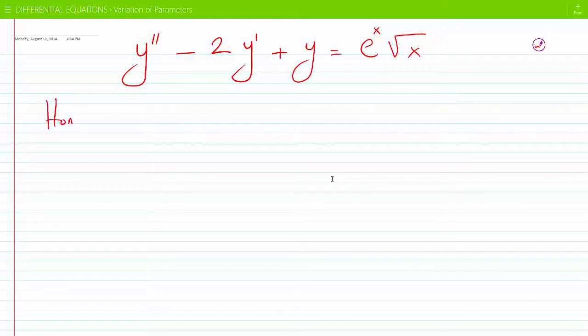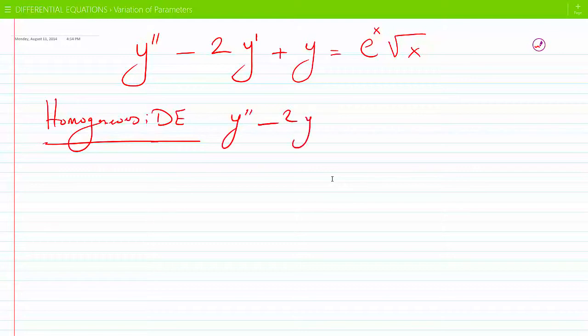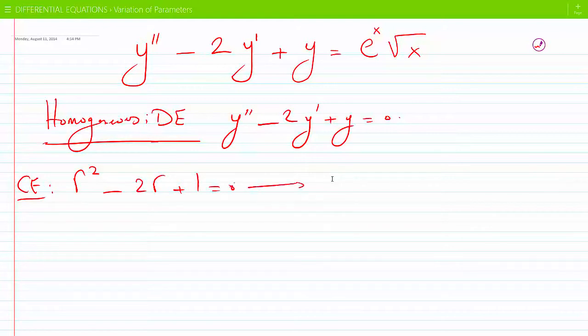So the homogeneous, I'll write it here so in case you want to review it later too. So this is y double prime minus 2y prime plus y equals 0. So the characteristic equation for this homogeneous part is r squared minus 2r plus 1 equals 0.